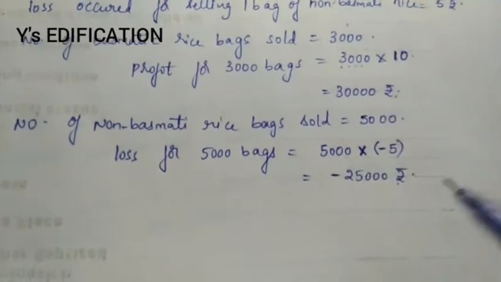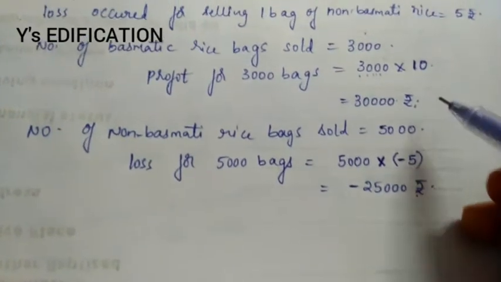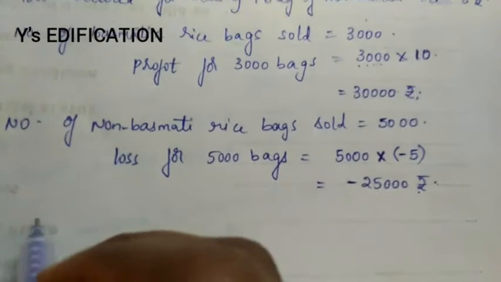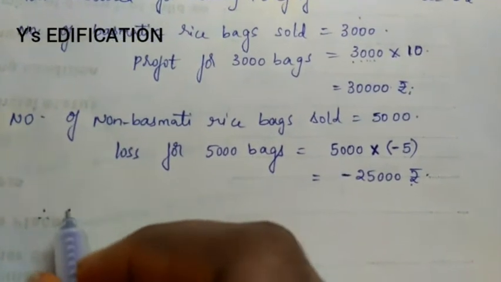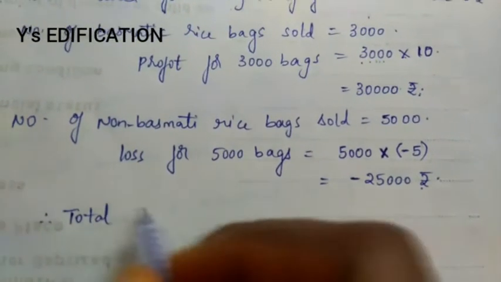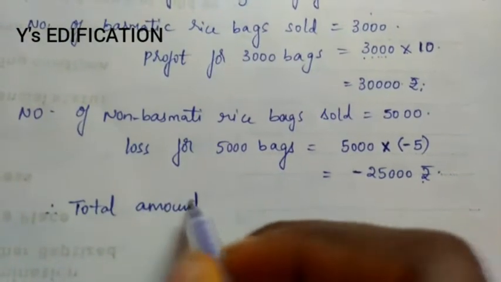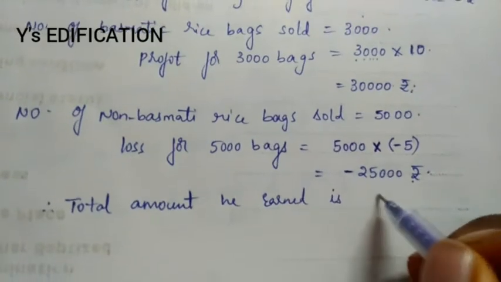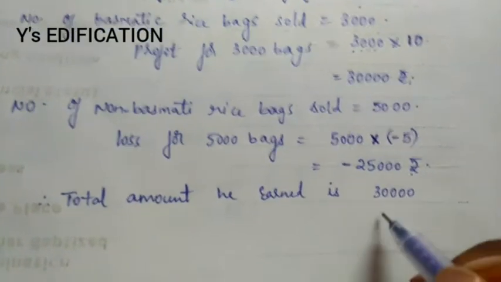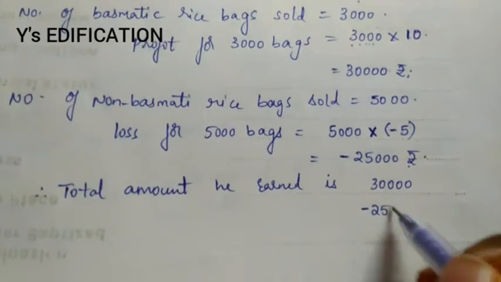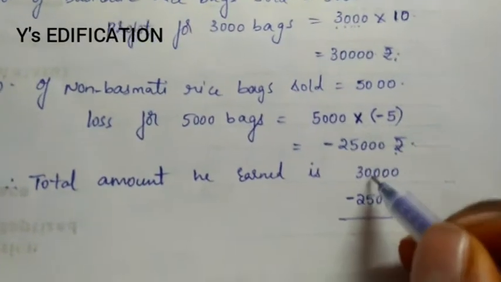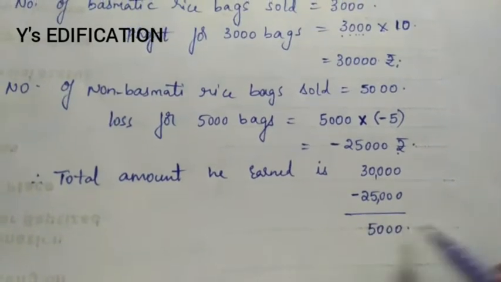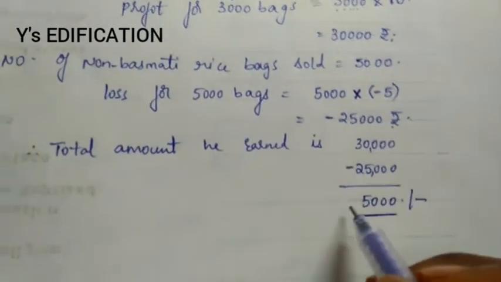So we have to calculate whether he got a profit or loss by selling all these bags together in 1 month. Okay, so total amount he earned is 30,000 for profit and 25,000 for loss. That means 30,000 minus 25,000 is 5,000. So 5,000, this is a positive number.